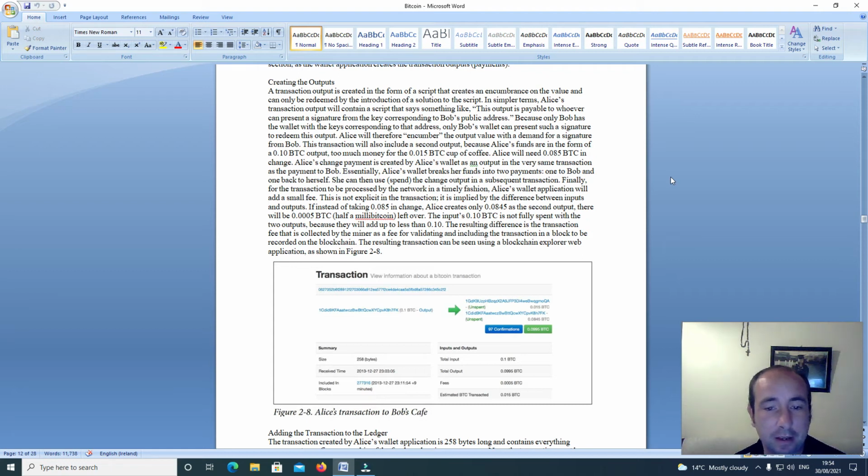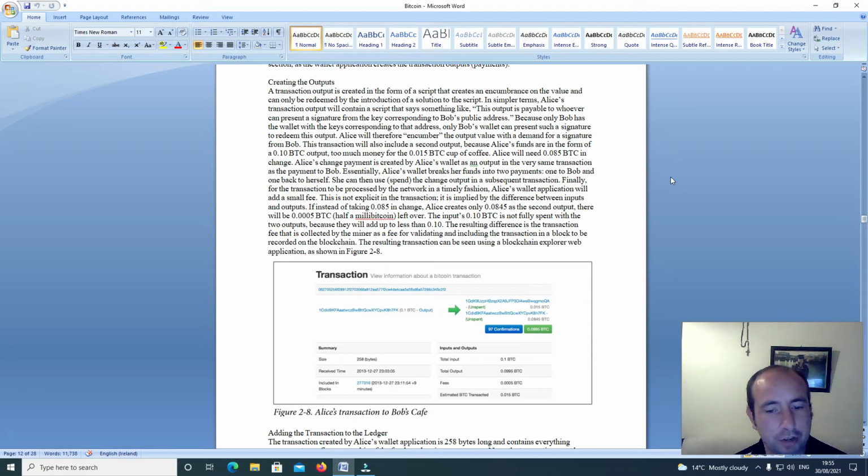The input of 0.10 BTC is not fully spent with the two outputs because they will add up to less than 0.10. The resulting difference is the transaction fee that is collected by the miner as a fee for validating and including the transaction in a block to be recorded on the blockchain.